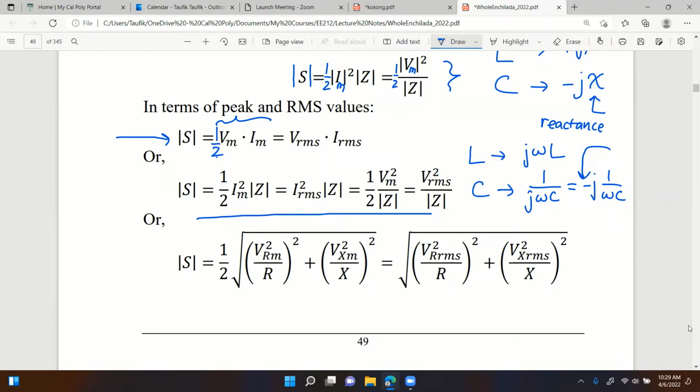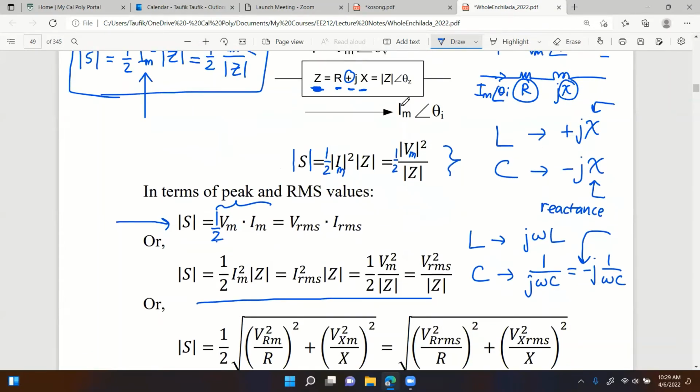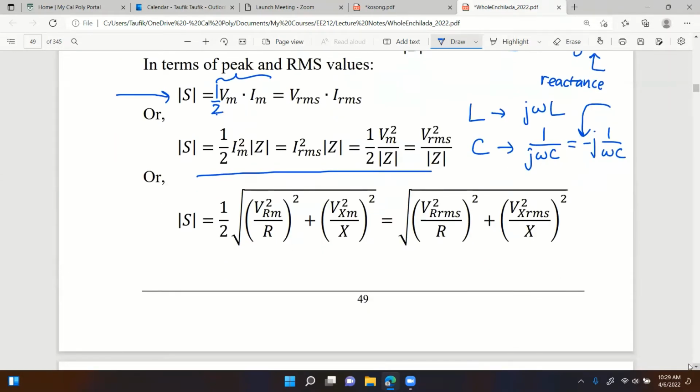And then you can also break down the power into two, because we have two components. We have R and L. So let me redraw it here so it will be clear. We have R and we have L. There's a current I right there, and then there's a voltage across both.